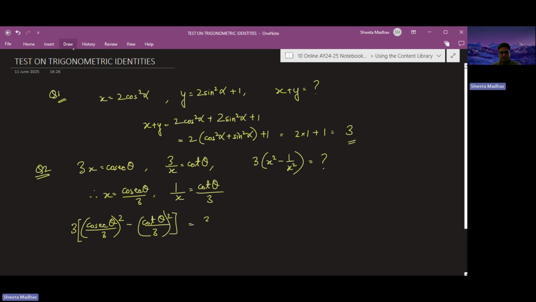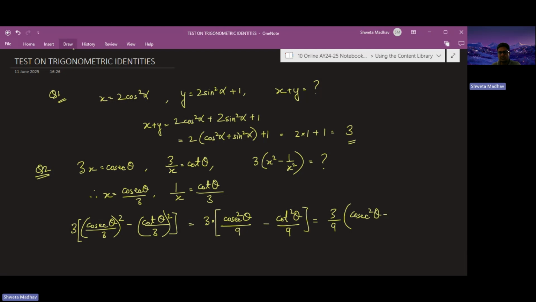So that will be equal to 3 into cosec square theta divided by 9 minus cot square theta divided by 9. So 1 by 9 we can take as common outside. So this will be 3 by 9 into (cosec square theta minus cot square theta).